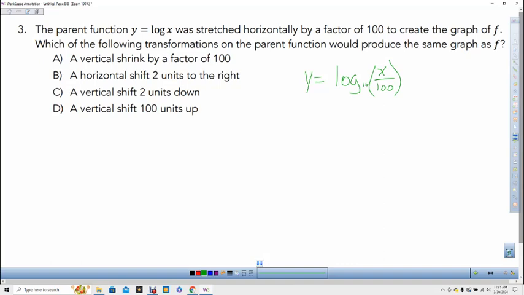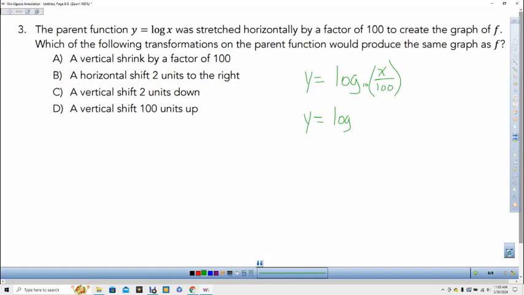So now what we want to do is find an equivalent expression that causes the exact same graph to happen. Well, all we're going to do is use those properties and rearrange this. Well, if we have a common log of x over 100, we can split that up, remember, into a subtraction. Remember, we can expand or contract. In this case, we're going to expand it.